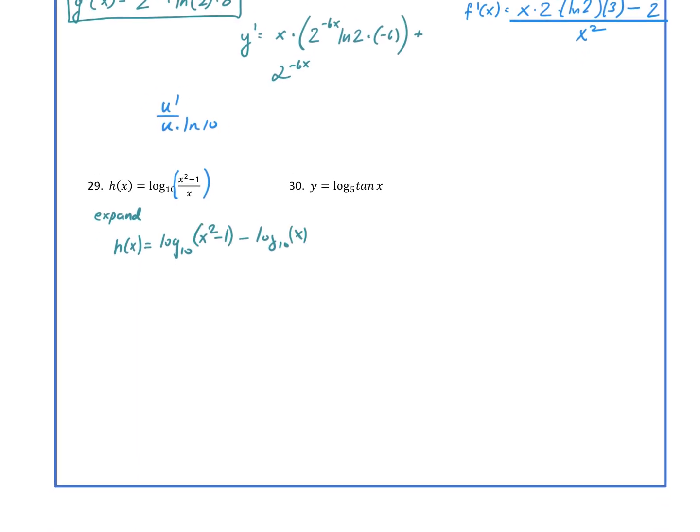Okay. Now this is u prime, which is 2x over u divided by ln of the base.